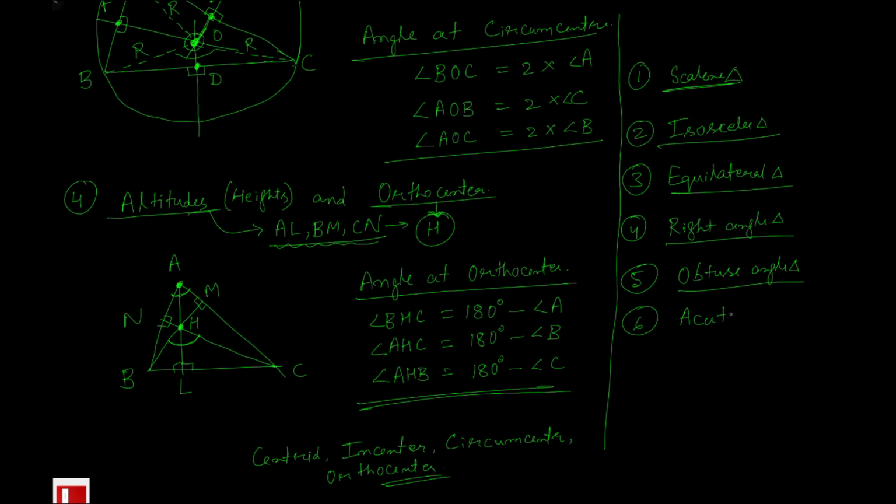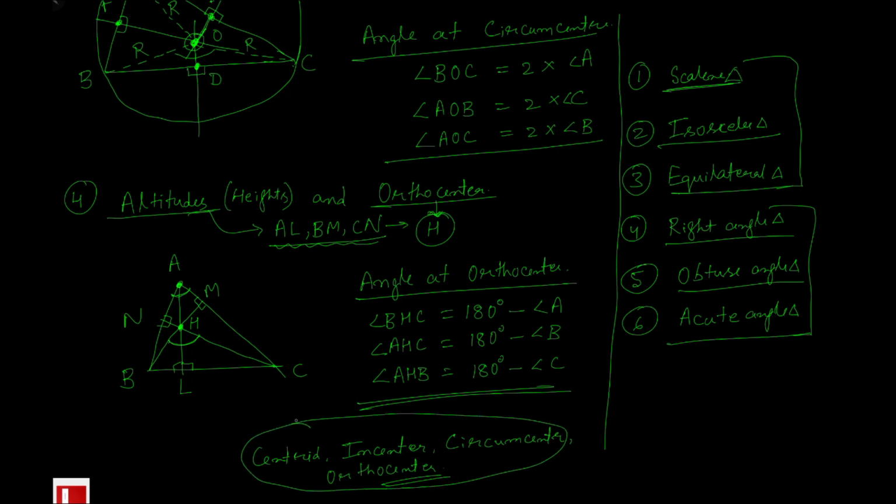What did we do? We have already studied earlier that there are 3 types of triangles on the basis of length of side, 3 types of triangles on the basis of angles, and the position of these 4 points with respect to these 3 and these 3 with respect to the position of the triangle. We'll try to understand that.